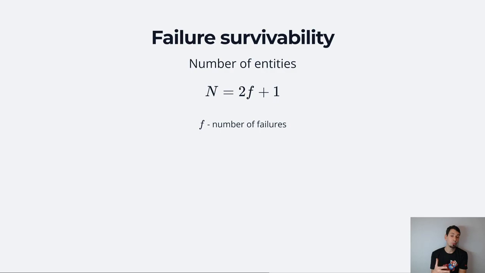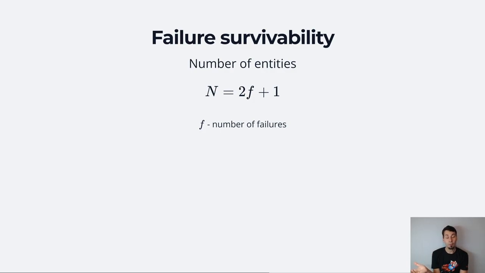In the simplest form of this equation, we may substitute n with the number of replicas, right? This way, we know that to tolerate a node failure, we need at least 3 replicas, right? So it's 2 times 1 plus 1, it's 3 replicas. The same rule applies to availability zones and regions.